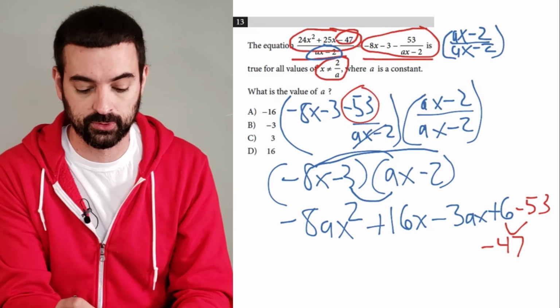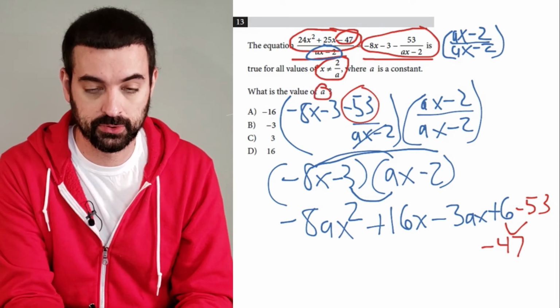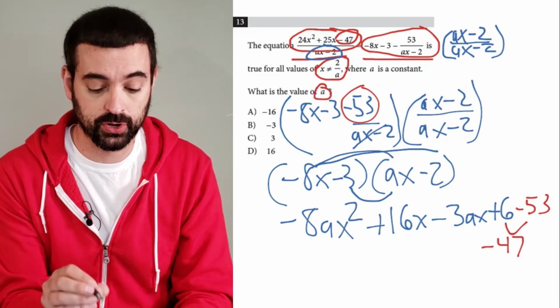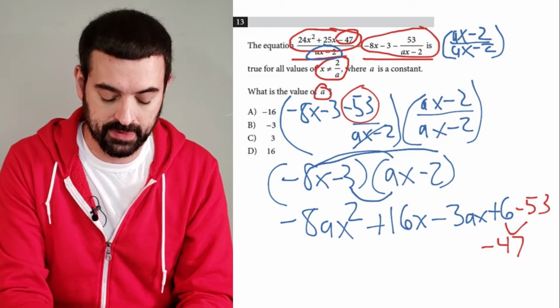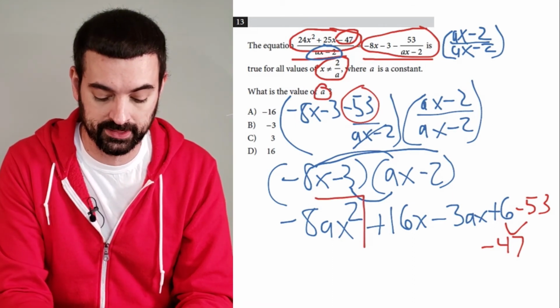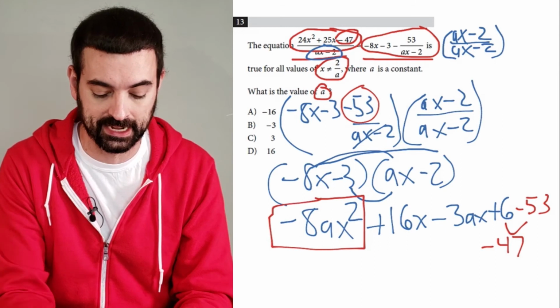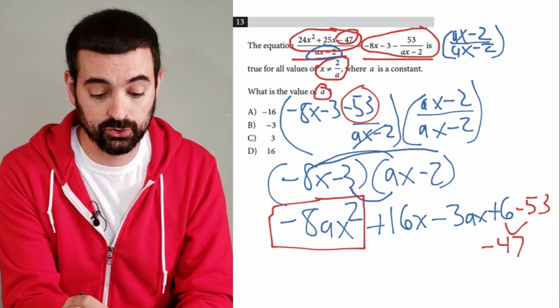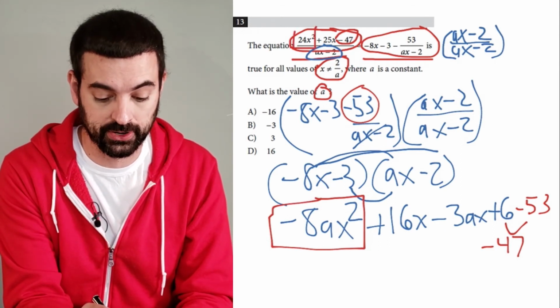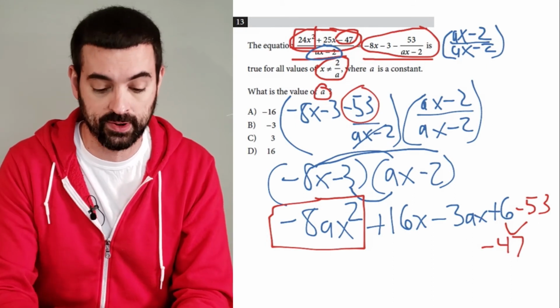What are they asking us for? The value of a. Remember, term placement. My x squared term, in this case, negative 8ax squared, should be equal to my x squared term on this side, 24x squared.